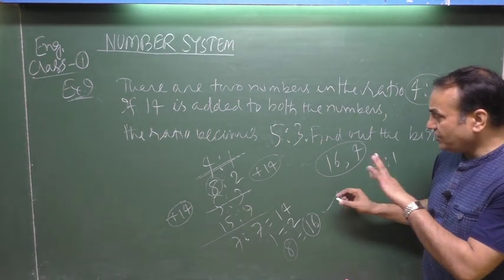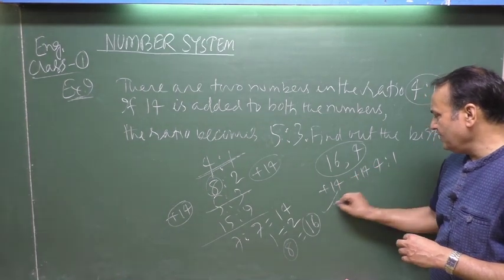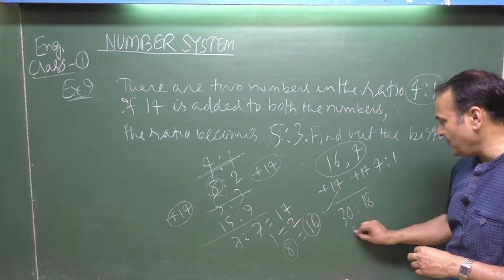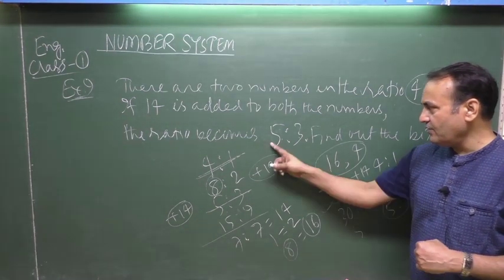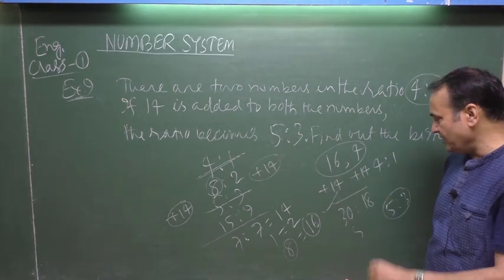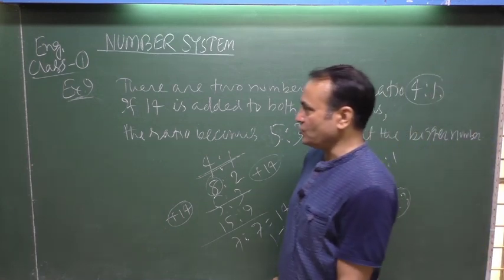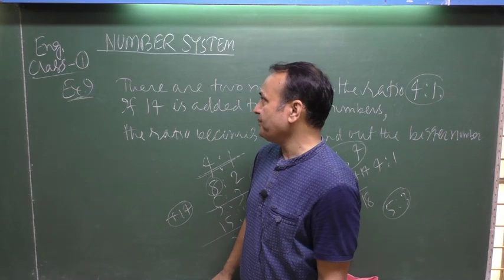If you add 14 to both the numbers, 14 added here, 14 added here, this becomes 30 and this becomes 18. 6 fives are 30, 6 threes are 18. The ratio became 5:3. That means your answer is perfectly right. Let us stop here this exemplary class.